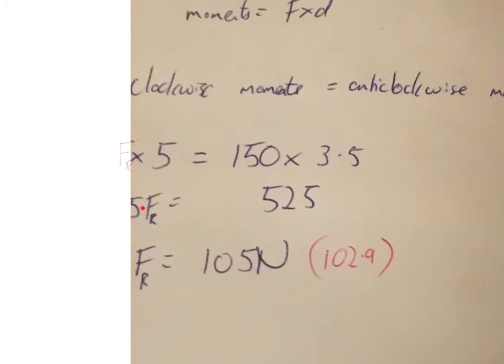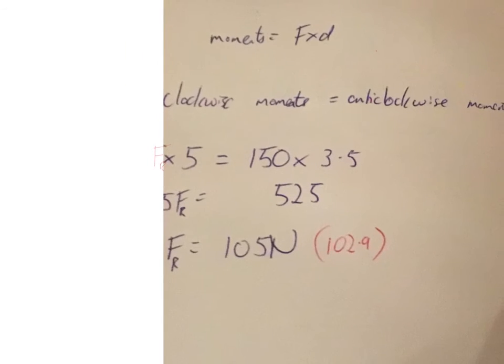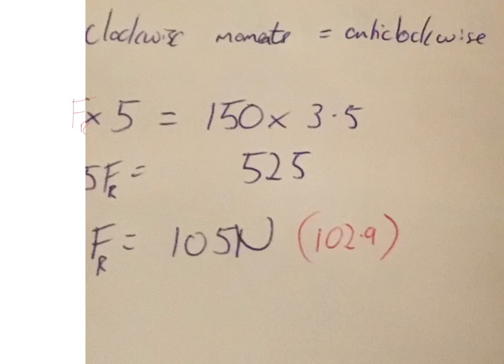This gives us 5 times F4 on the left hand side and 525 on the right hand side. Remember, if you're multiplying it by 9.8, then your answer is going to be slightly different, or 9.81. So this is definitely a case of do as I say, not as I do, because yeah, I was pretty much just taking a shortcut there that, you know, you shouldn't, because you're going to do an exam.